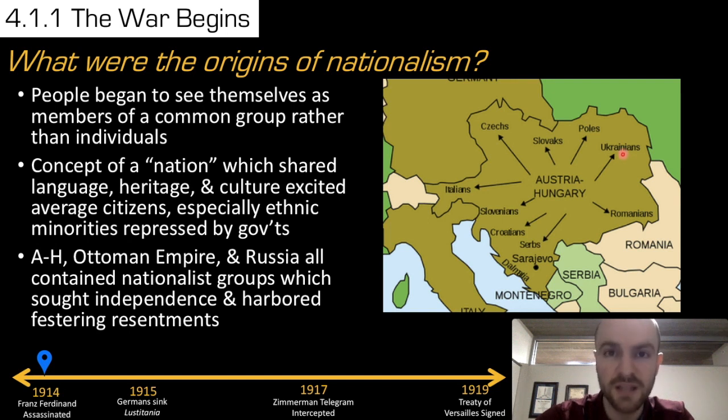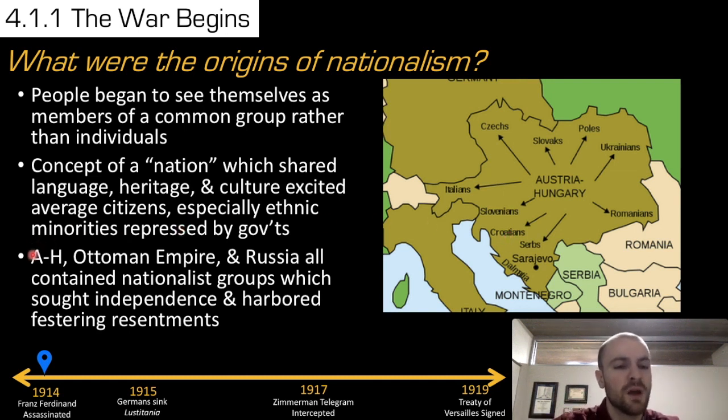And so Ukrainians wanted a Ukraine. You had Poles wanted a Poland. You had Slovenians wanted a Slovenia. Croatians wanted a Croatia, and so on and so forth. All of these ethnic groups began to feel this excessive pride in their own culture. They wanted to be independent from their oppressor being Austria-Hungary.